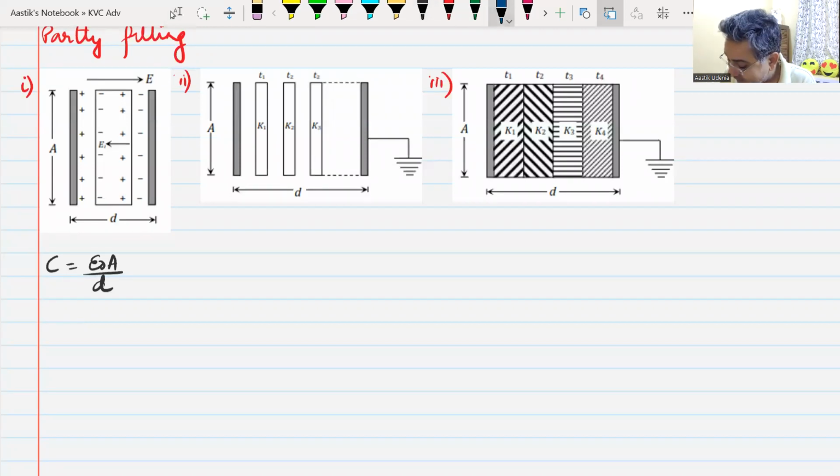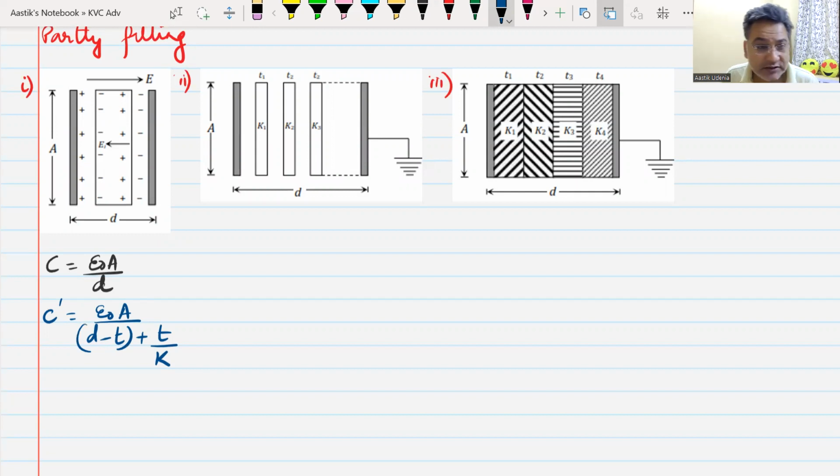The new capacitance in this case becomes epsilon naught A upon D minus T plus T by K. That is how the formula comes.